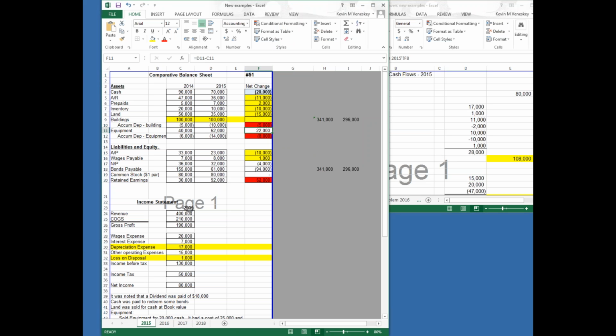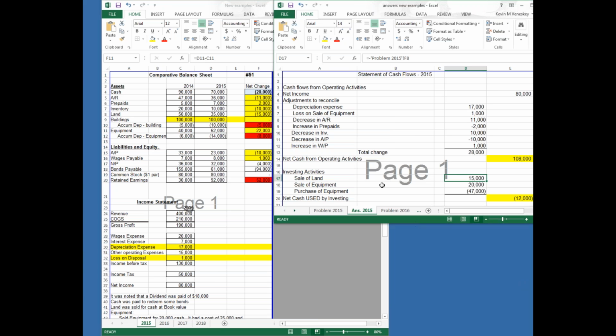I don't have anything else to explain in my investing section of my long-term assets, so that is ready to be totaled. Notice the wording here, and this is when you have an increase in your adjustments or your total final figure here, you put net cash from.